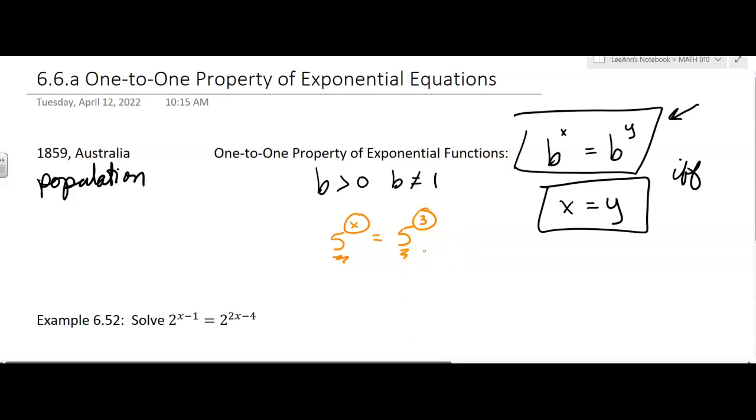People think that. No, you're popping out these exponents and you're saying, okay, if this exponential 5 to the x equals this exponential 5 to the third, then x has to equal 3. So like you're popping out those exponents, okay? All right, I call it the pop out.